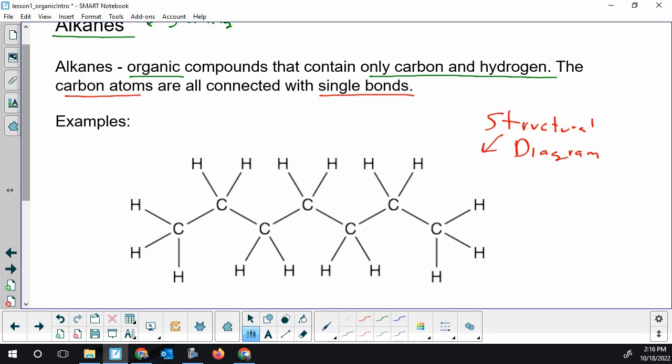Now I used software to draw this structure for me, and the software followed VSEPR theory with the bond angle. So that's why it's zigging and zagging. So it's Chem 20, 109.5 bond angles.